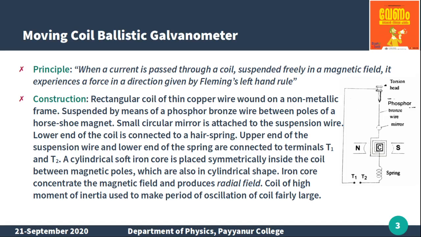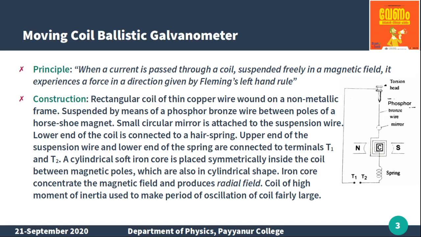Here, we are studying the moving coil galvanometer, but different from what you learned in plus 2. The ballistic galvanometer used here is used to estimate the amount or quantity of charge flowing through it. There you used to measure the current.